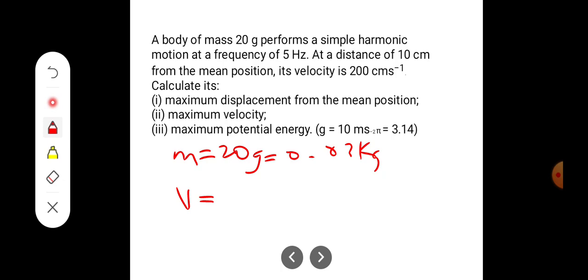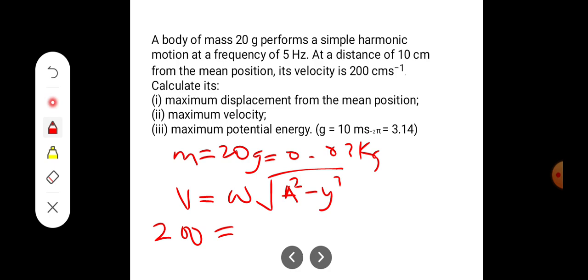We can use this formula that velocity is equal to omega square root of a squared minus y squared. Your v, the velocity, is 200, already given. Omega is not given, but frequency is given. We can say that omega is 2 pi times frequency. That means 2 pi times your frequency, 5, will give us 10 pi.